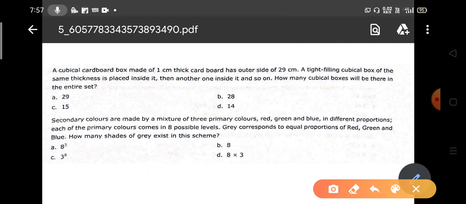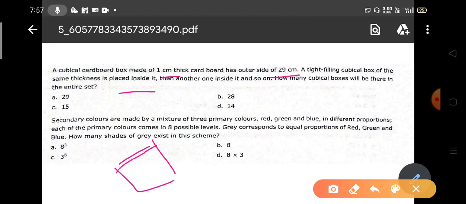So come to the next question. A cubical cardboard box made of 1 centimeter thick cardboard has an outer side of 29 centimeter. A tight filling cubical box of the same thickness is placed inside it. Then another one is inside it, and so on. How many cubical boxes will be there? So suppose this is your cardboard box.